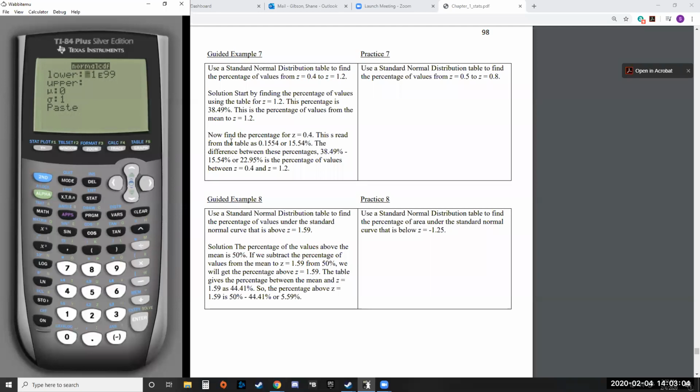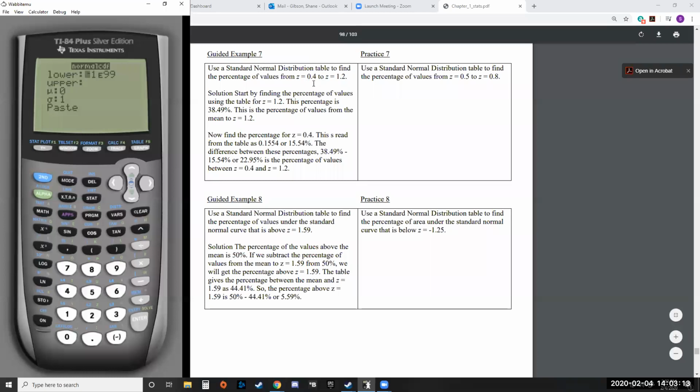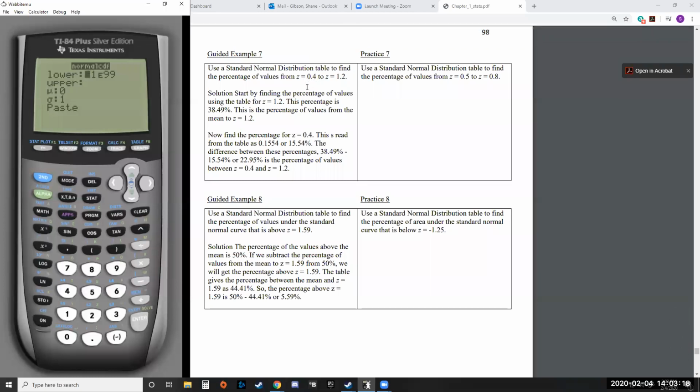The calculator needs to know what slice of the standard normal distribution curve you want us to find the percent of values under. So we need to have our lower and upper bound, which will just be the smaller to the larger bound, or the left to the right. So like 0.4 and 1.2, 0.4 is smaller, it's to the left of 1.2.